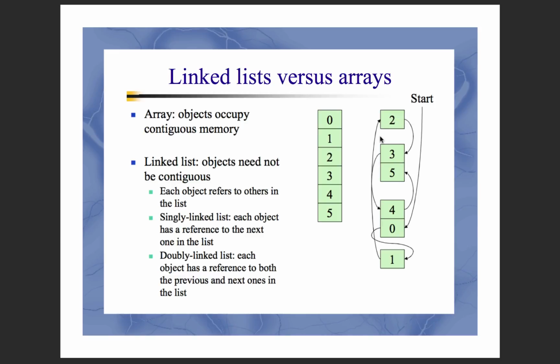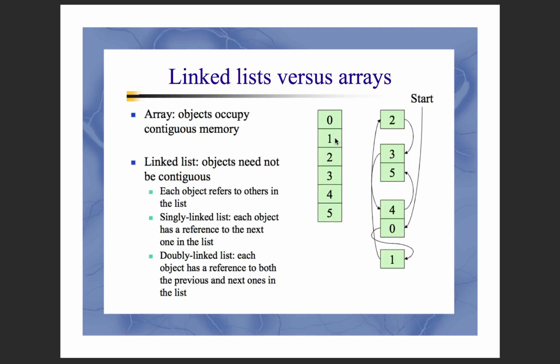If you are looking for 4 and you don't have any index, you need to start from here, then traverse here, then here, then there, then there. Then you will find the 4. That means in the worst case you need to traverse everything to find something.